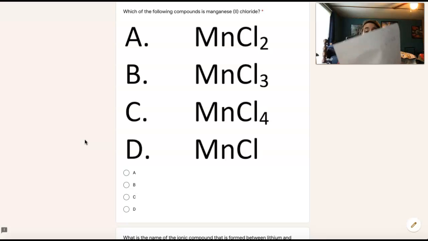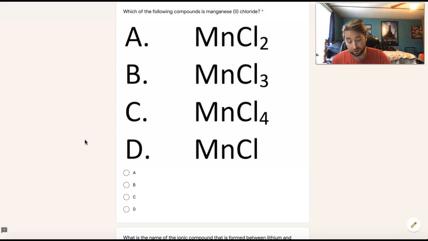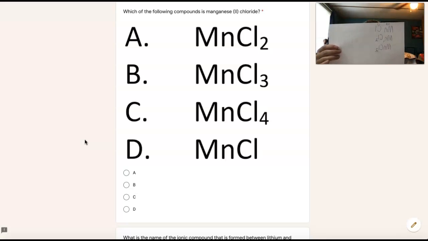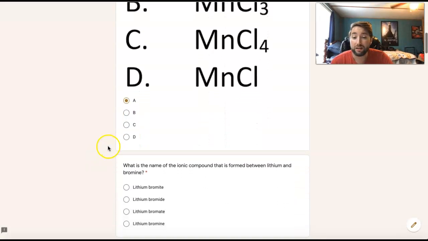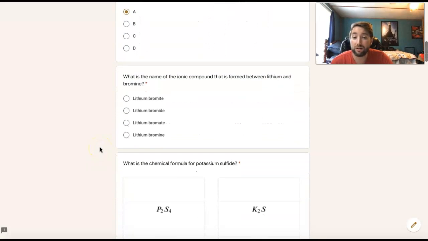And again, remember, if you write Mn1 Cl2, you don't have to write the 1, and they'll count it wrong if you do, so it's just going to be MnCl2. Looking at the answer choices here, it looks like A is the correct answer. Let's scroll down and look at the next one.